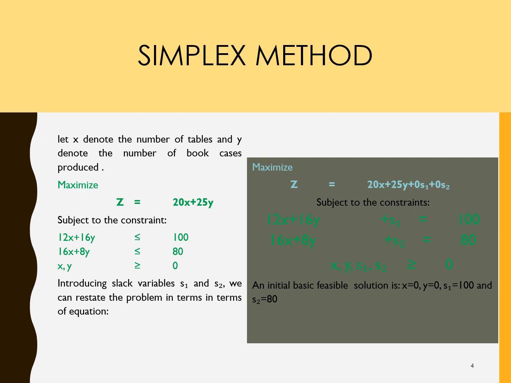But now arises the question: how? With the help of a slack variable. We need to have slack variables. Here we are removing these signs and putting an equal to sign, and with the help of slack variables we can do it. For the first constraint we have to add something, S1, so that these two sides would be equivalent. Similarly for the next case we are adding slack 2.